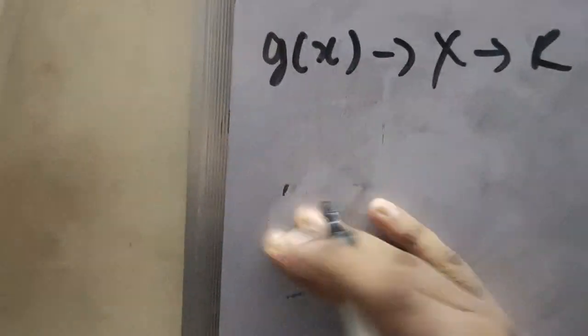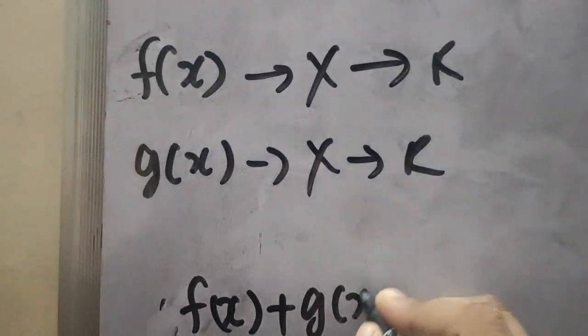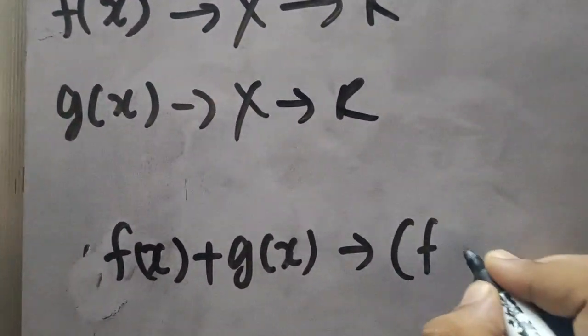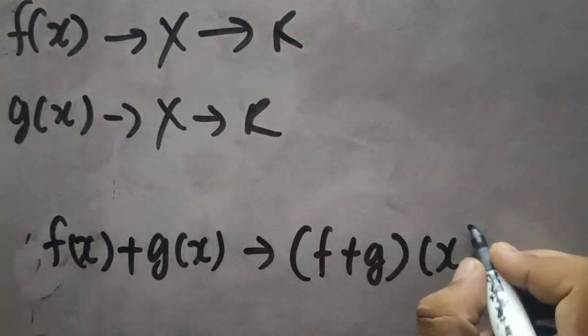Okay, so first of all, f(x) plus g(x) will become f plus g, and the common thing here is x.